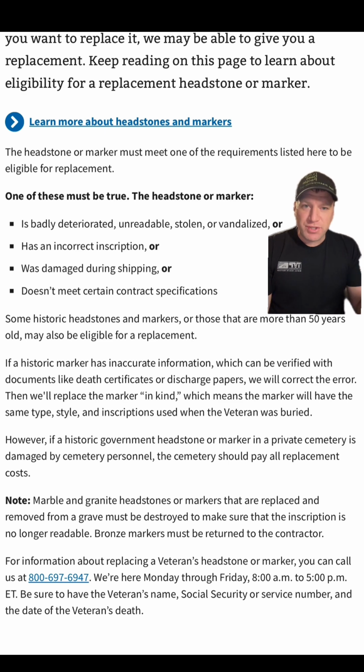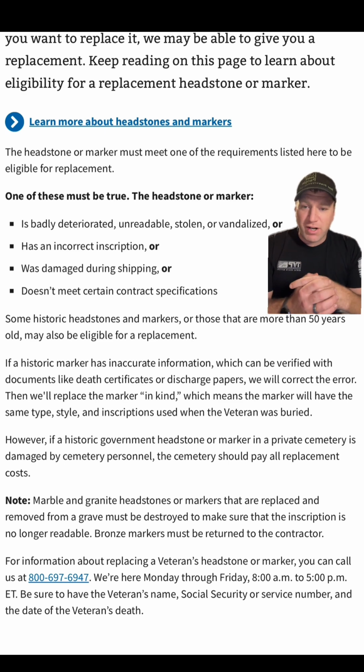You have to destroy them. So it has to be made so that the inscription is no longer legible, because they don't want people going out and putting these headstones out in another cemetery and having people think that this person is buried in this cemetery.